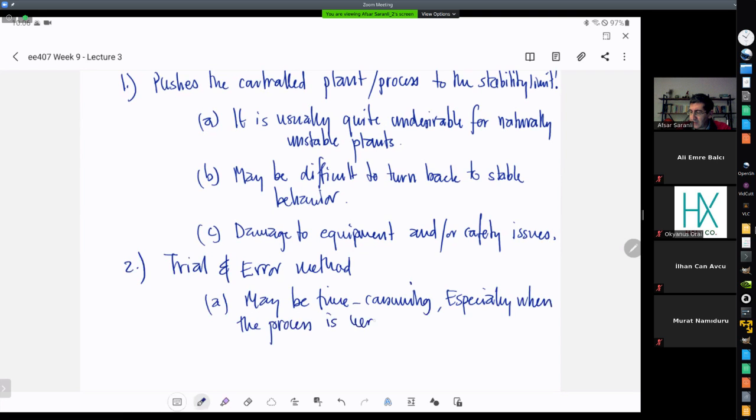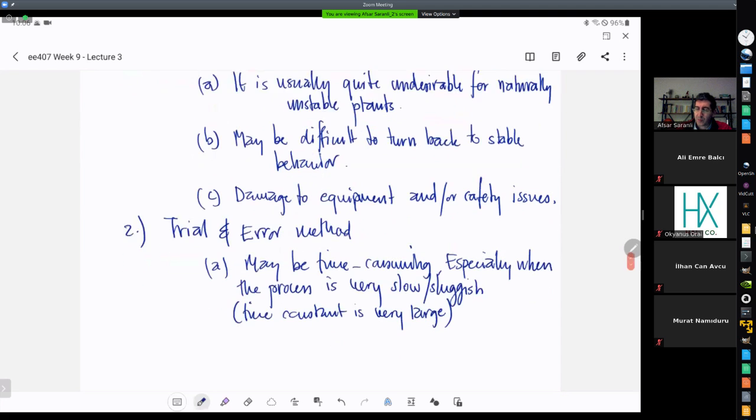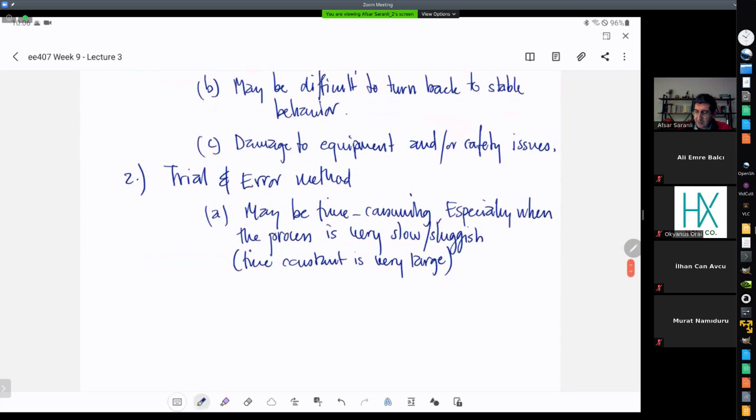That means the time constant is very large. For example, a large furnace, like an oven that you're heating, may have a very very large time constant. So you may need to wait quite a bit to observe the oscillations.